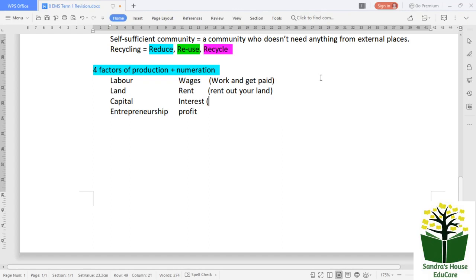Another thing is if you have money, you have capital, and you want to make it grow, you want to have more capital. So you can take that capital and invest it.